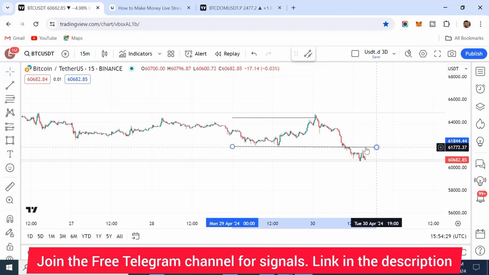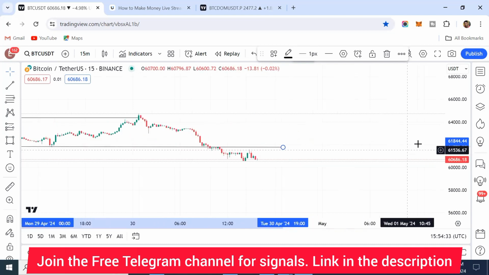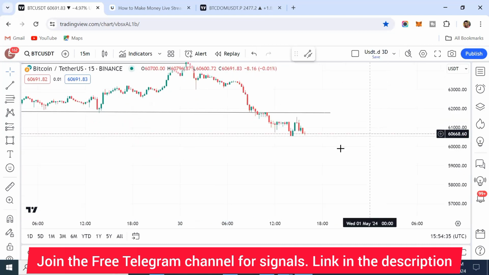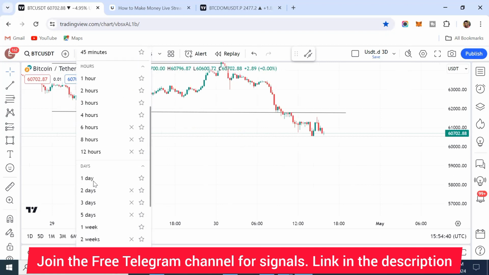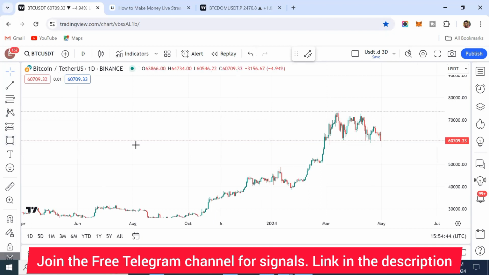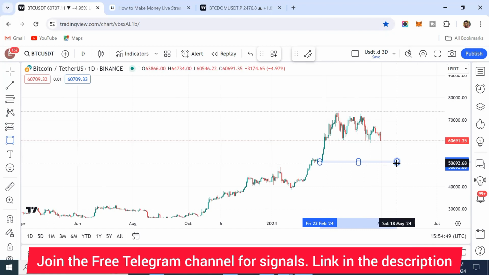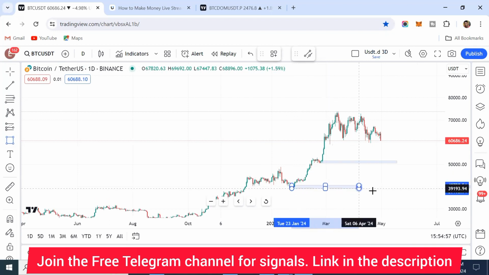Now, if we can't get a recovery from here, then it's going to be a very sad incident that BTC might be falling down to, let's see where the next support level should be, somewhere around 50K. And then if we don't hold that as well, the next key level should be around 40K.